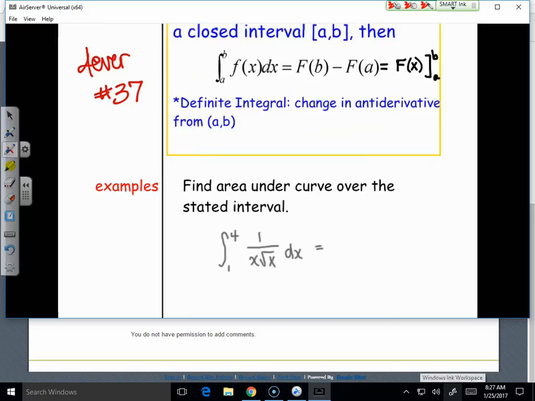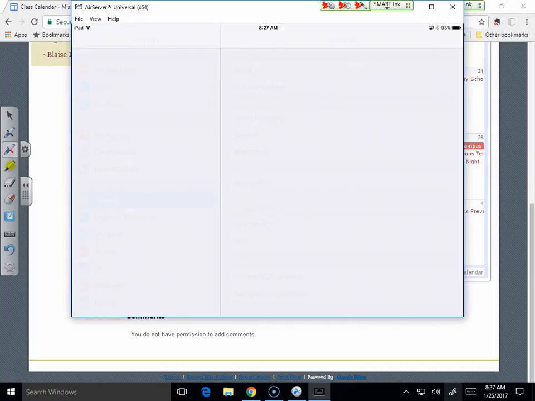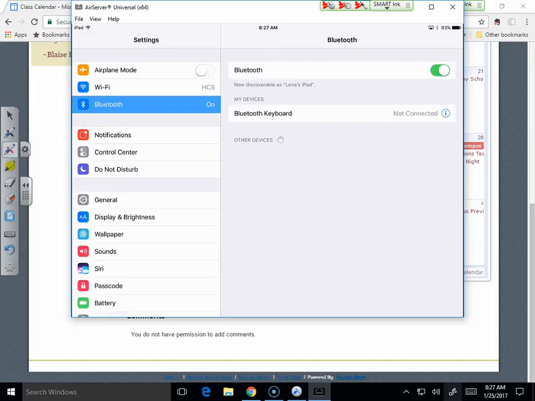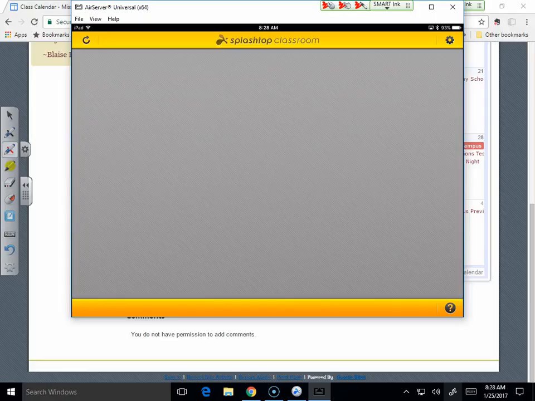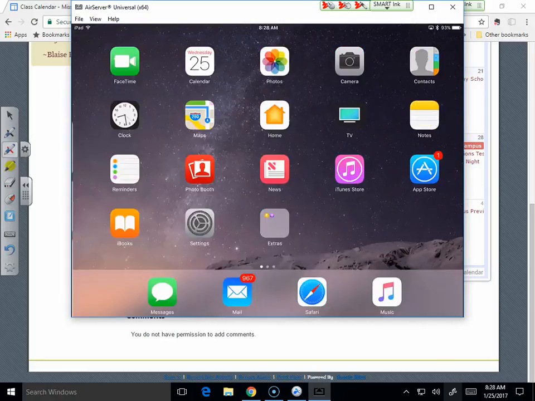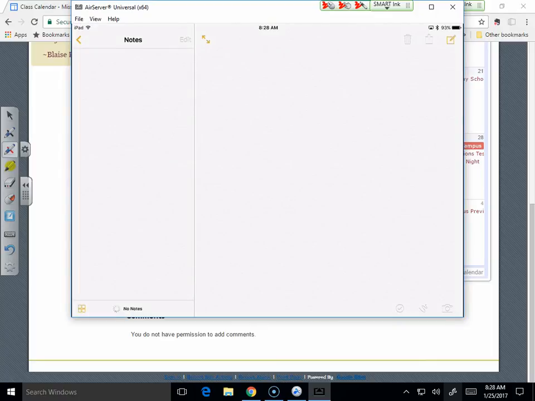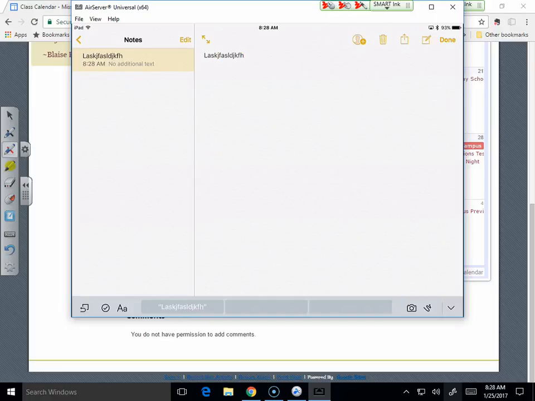Let me quickly see if I can get my Bluetooth keyboard hooked up, because that would be awful nice. Let's test it. Yay! Okay. Here we go.